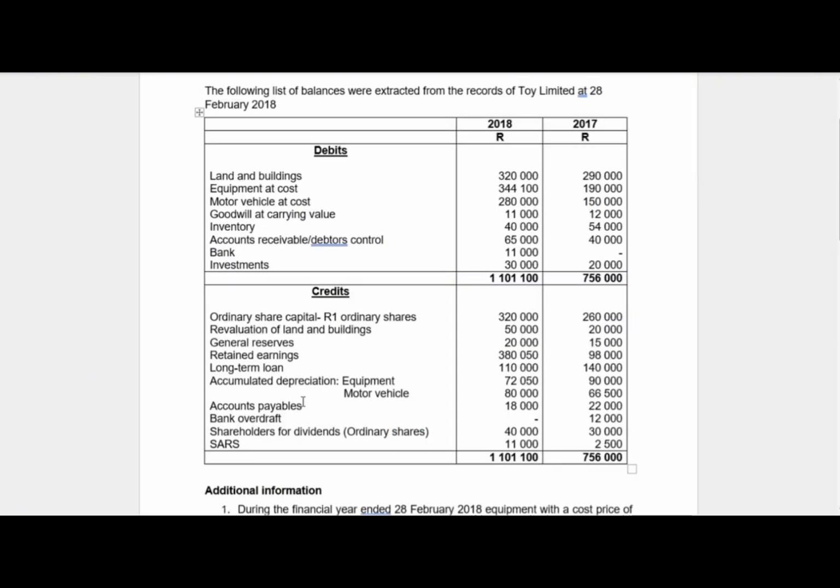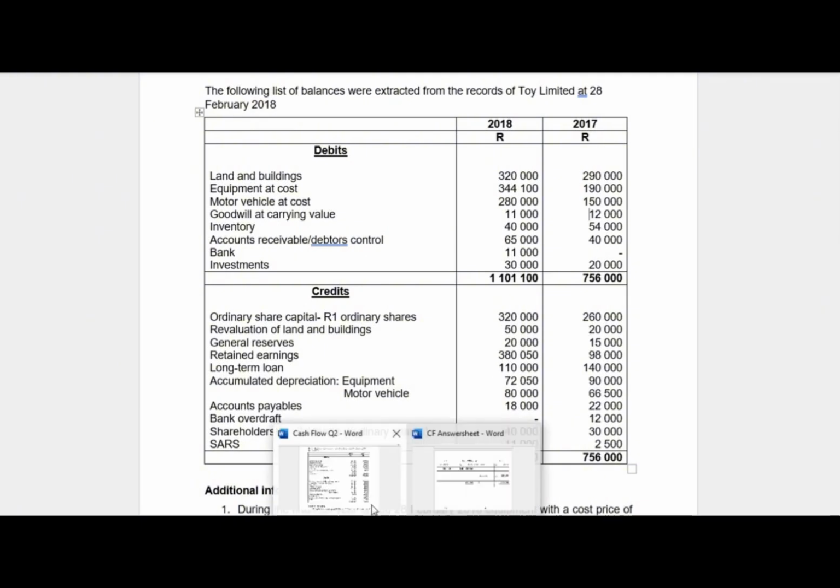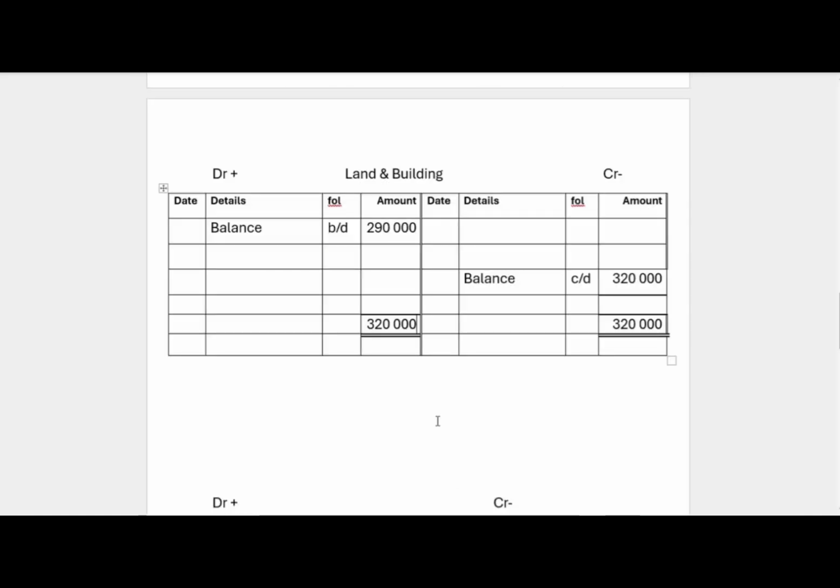In our question under credits, if you check, we've got the revaluation of land and building. You check the difference. The difference there is 30,000, because it's going to be 50,000 minus 20,000. And when we go to our answer sheet, when we say 320,000, we less 290,000. We are getting 30,000, which is the increase due to revaluation. So there's no cash involved in the land and building.